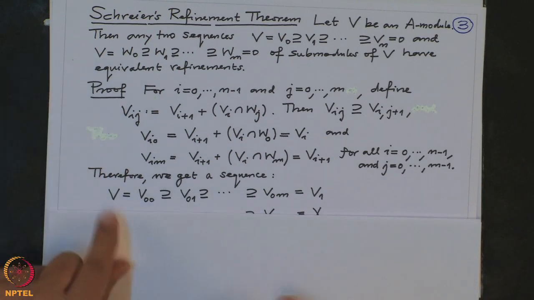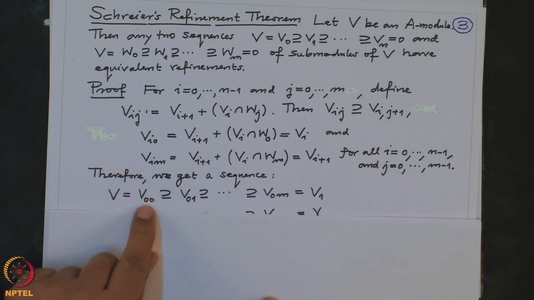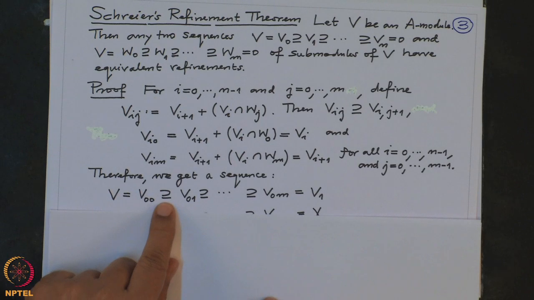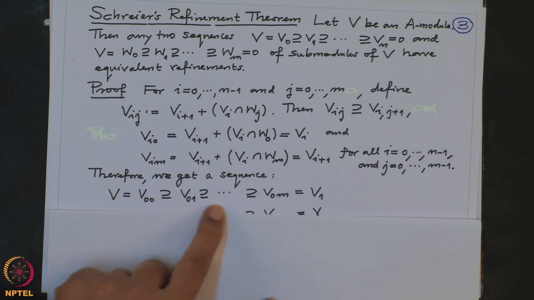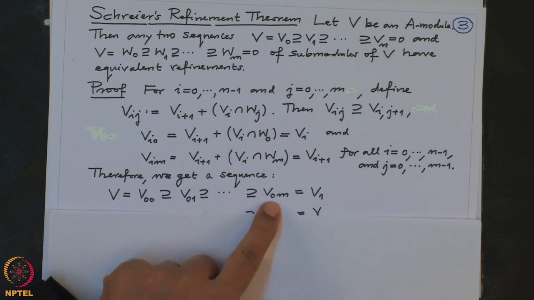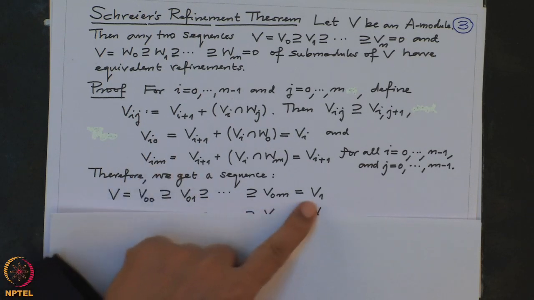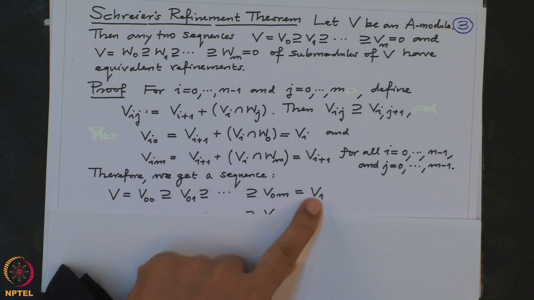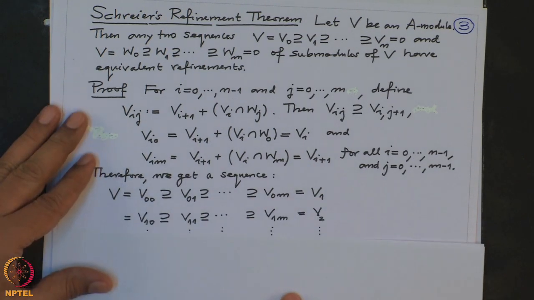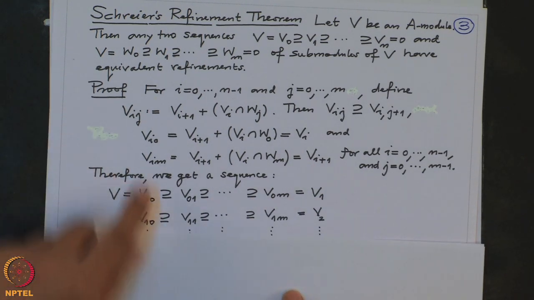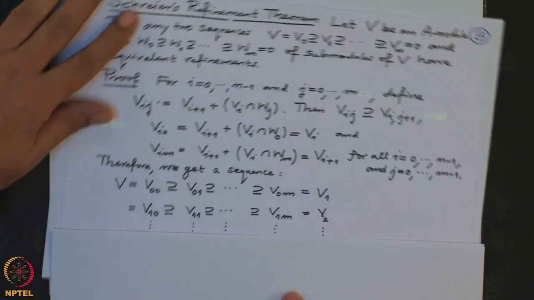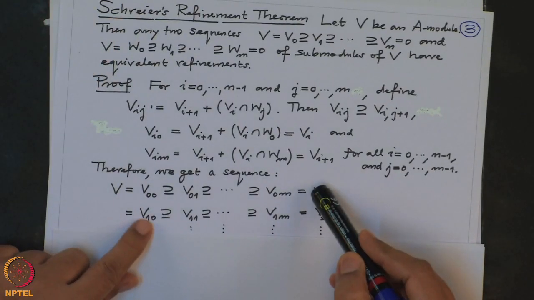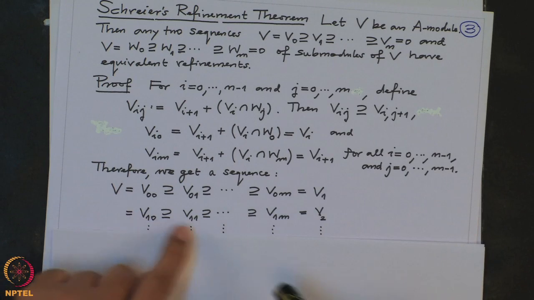So therefore we have V here, which is V00, which contains V01 and will go on decreasing till V0m, but V0m is V1 because i is 0. Now you start with V10. V10 is V1, so these are actually the same term; therefore, I wrote equality here.